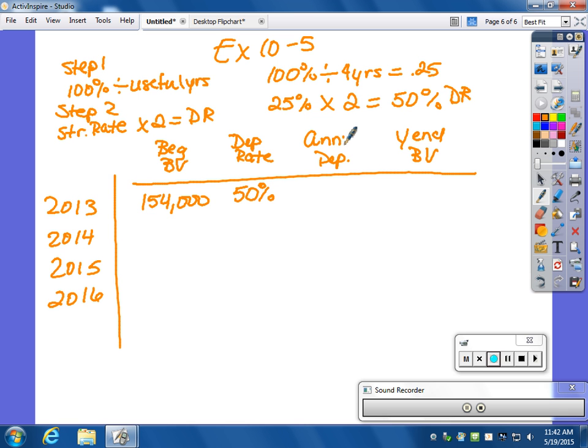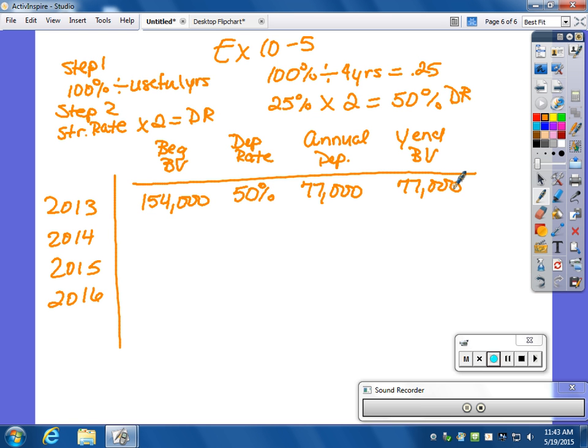Calculate it. 154,000 times 50%. What's your annual depreciation? 77,000, which makes your ending book value how much? That's right.